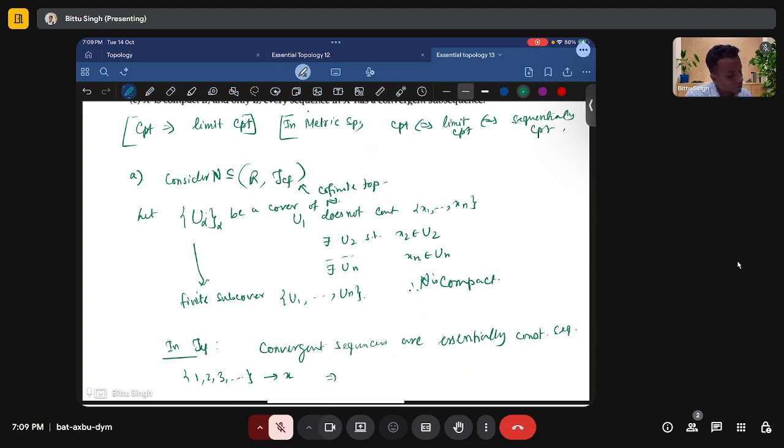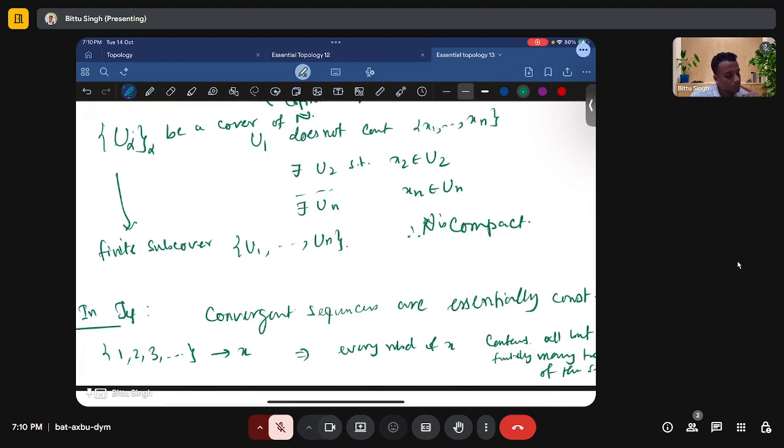This will imply every neighborhood of x contains all but finitely many terms of the sequence, right? Except some finitely many terms, every neighborhood will contain all those terms.